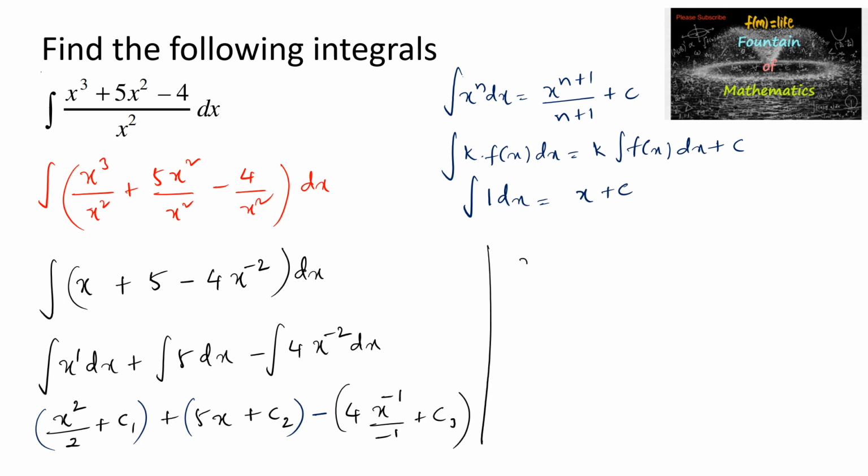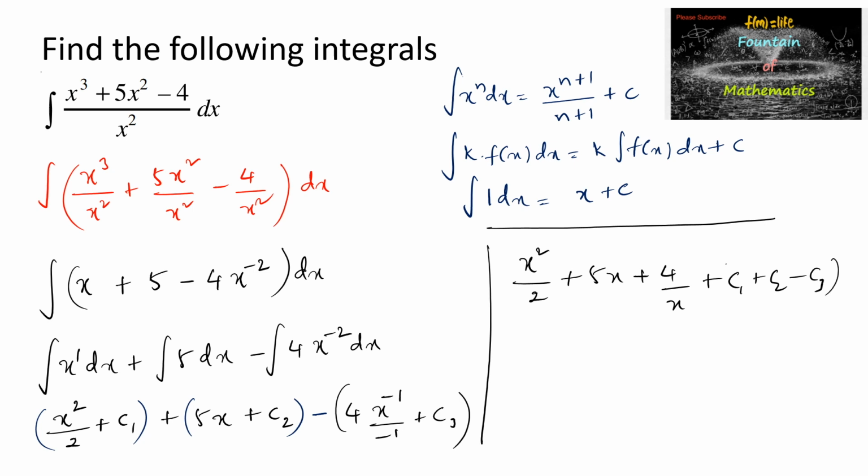On simplifying, you can write x^2 by 2 plus 5x plus 4 upon x plus c1 plus c2 minus c3. So we can consider it as a single constant. The answer is x^2 upon 2 plus 5x plus 4 upon x plus c.